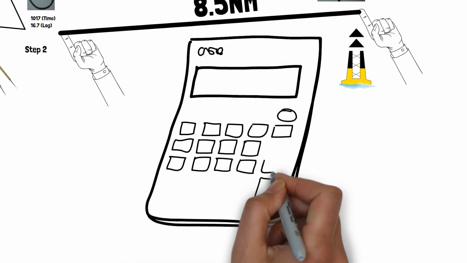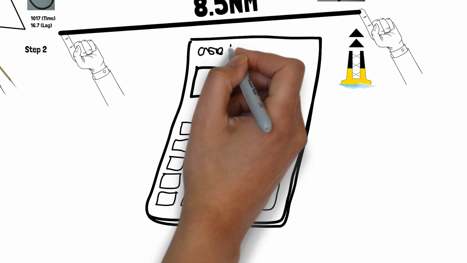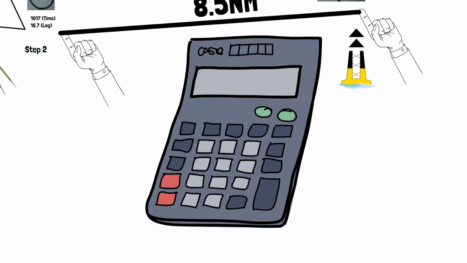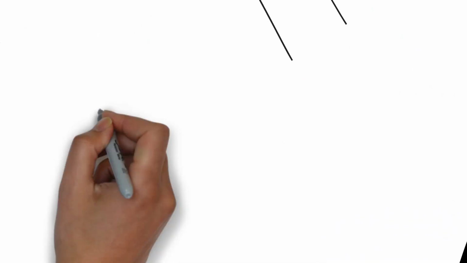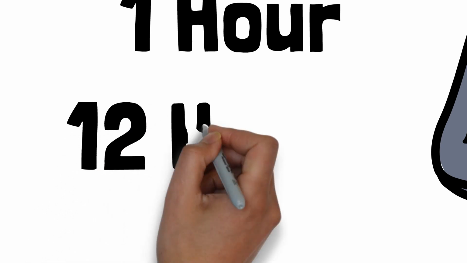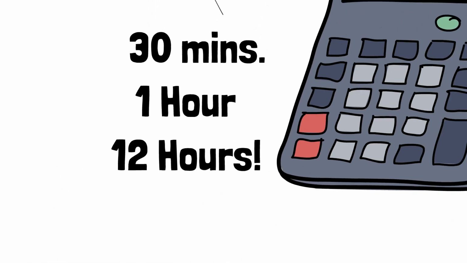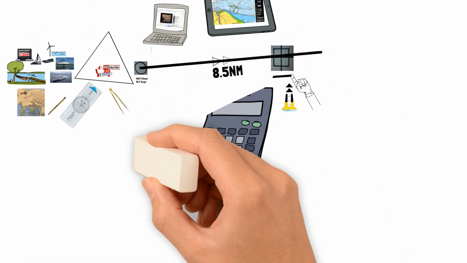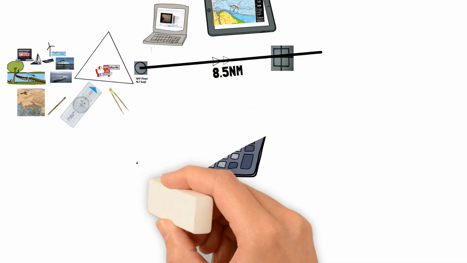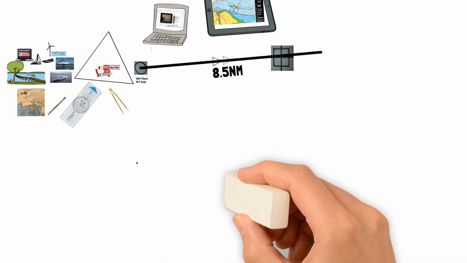I don't need to be too precise with this calculation, but I need to know whether to allow for half an hour, an hour, or maybe 12 hours of tide. As I say in this example, I need to allow for 1 hour of tide.